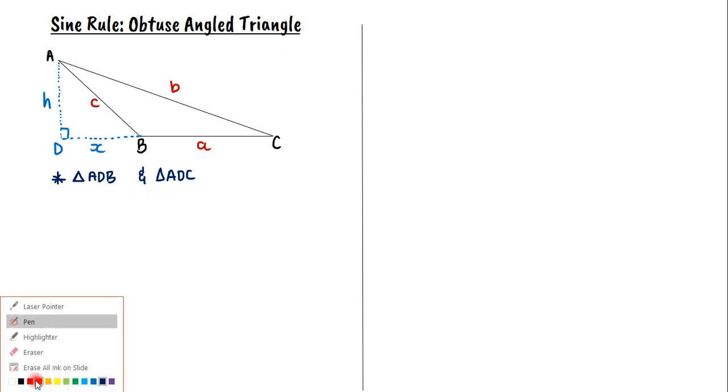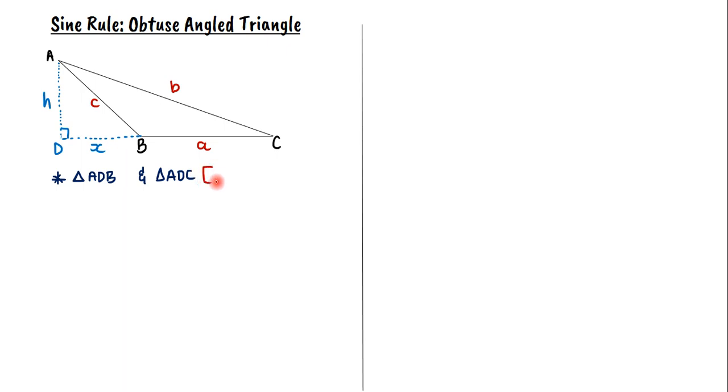Now, what is it that I need to prove here? I'm going to write it here, because it is very important for you to know the hint for this. We are required to prove the sine rule. Because of that, I need to look at this unknown h and calculate it using the trig ratio of sine.